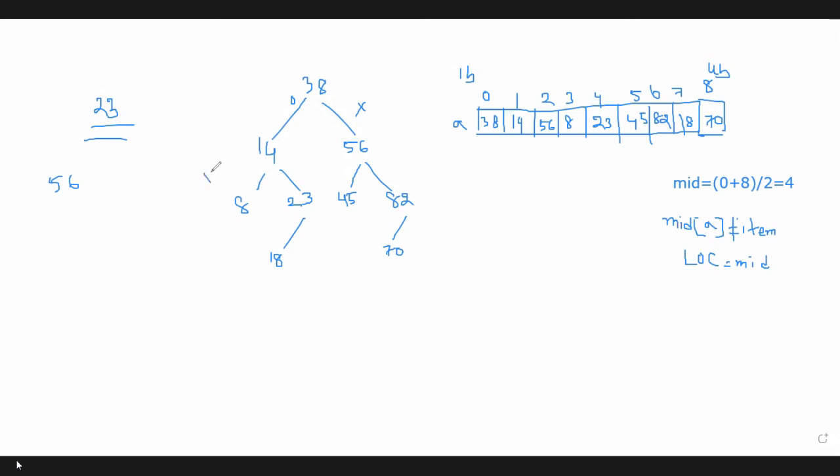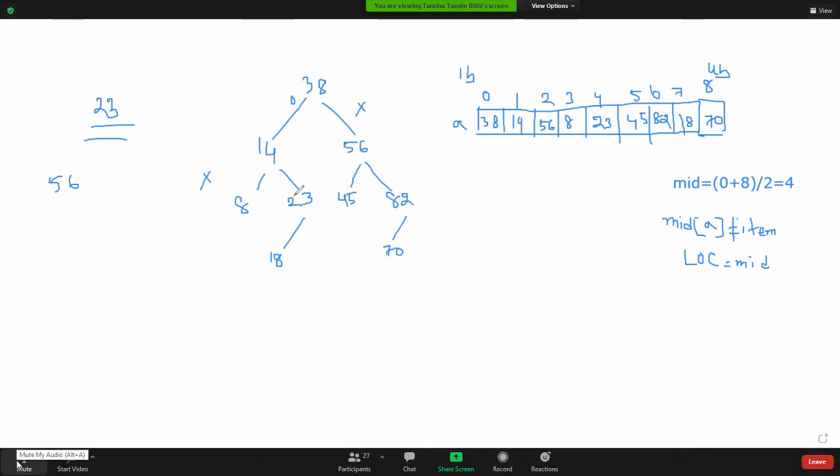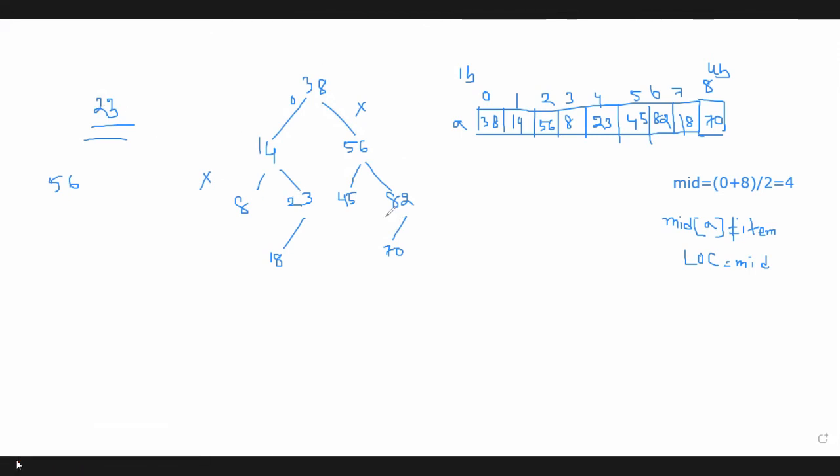No, that means we will not search it in the left subtree of 14. 14 is smaller than 23, so we will find it in the right subtree of 14. In which location did we find that data? 23 is the right child of 14 and its position is 4, isn't it? Yes, ma'am. Its index is 4. So in this way, we can perform the binary search process in the tree.